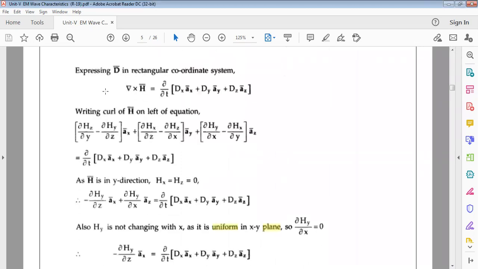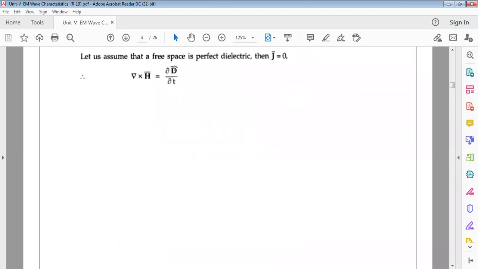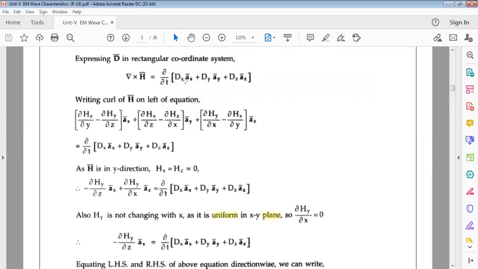Now, expressing the D bar in the rectangular coordinate system, del cross H bar is equal to dou D bar by dou t. The D bar in the rectangular coordinate system is Dx ax bar plus Dy ay bar plus Dz az bar.